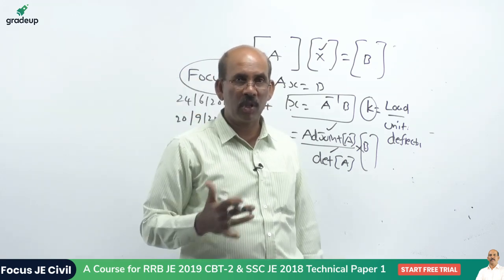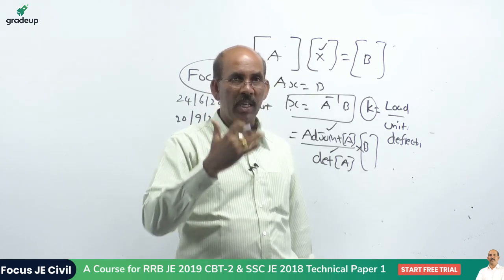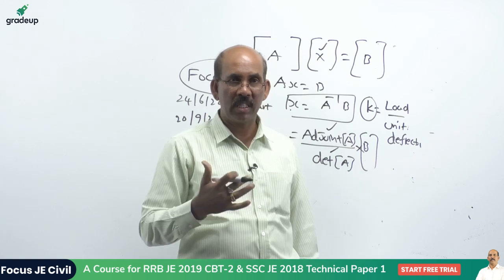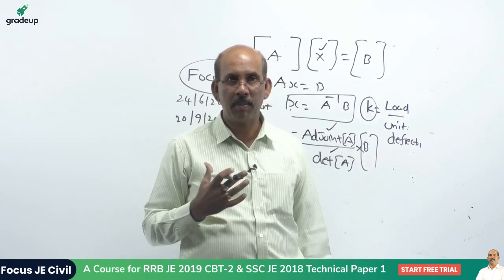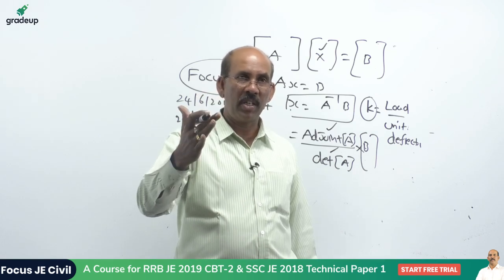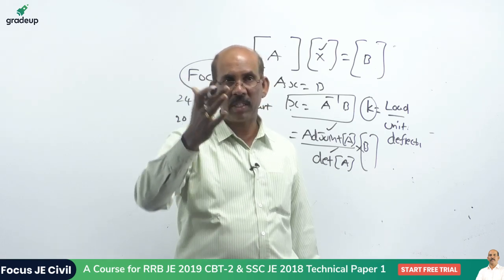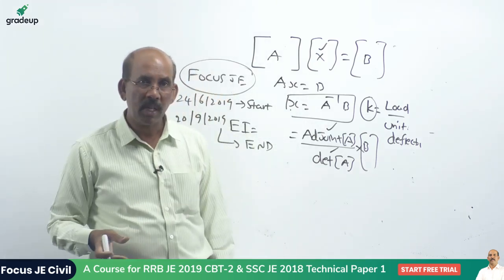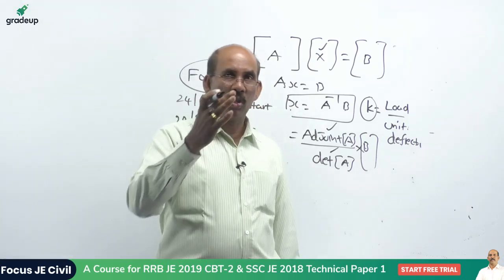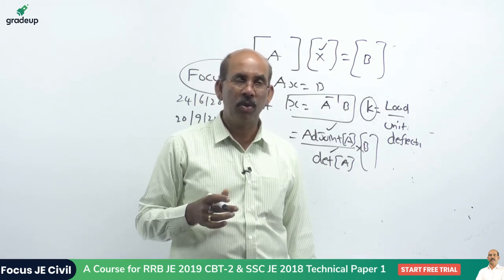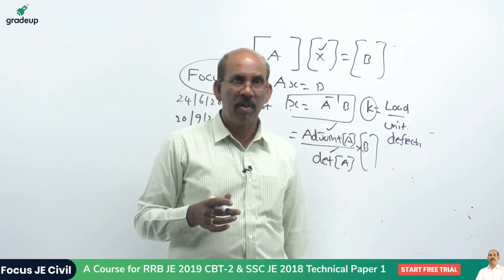I hope Mr. Vinod Ganesh, you understood this doubt: what is a rolled steel section, and why we have to use only this particular section. Mainly it is based on the strength point of view, the load carrying capacity of the member. So I hope the doubts are cleared.